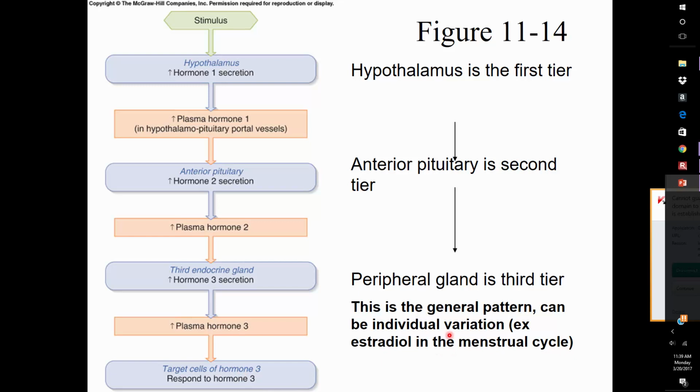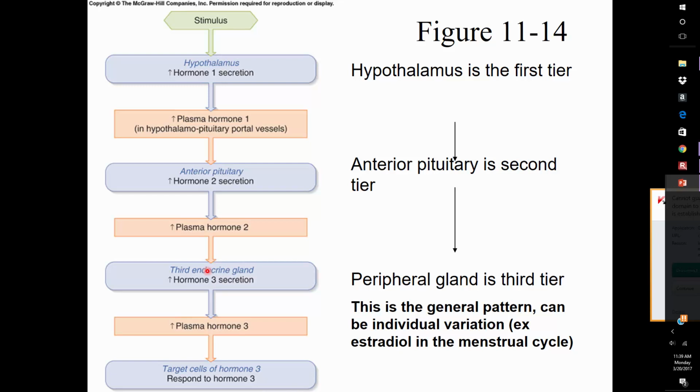Now, there can be little variations. So, for example, FSH and LH come from the anterior pituitary, go into the blood, go through the circulation, and would go to the ovaries. And FSH starts stimulating the follicle, and then the follicle starts producing estrogen. Estrogen then has sort of a ramping up, and estrogen levels get higher and higher.